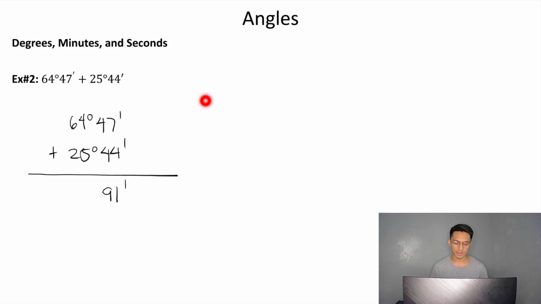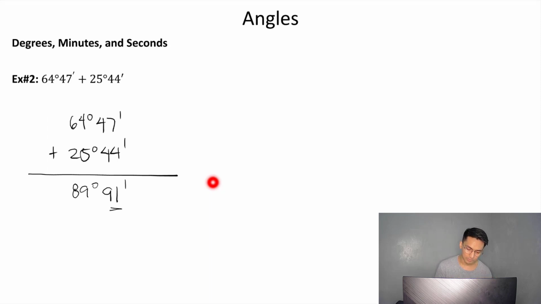Next, sa degrees naman, 64 plus 25, we have 89 degrees. And, as I've said, i-check natin lagi yung second unit, yung minute natin, kung sumobra na ba siya sa 60. Kasi pag sumobra na siya sa 60, we need to cut out the 60 minutes and i-convert natin into degrees, tapos i-add natin dun sa degree measurement natin.